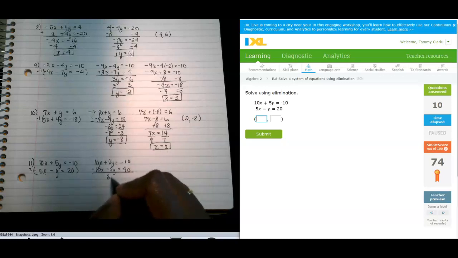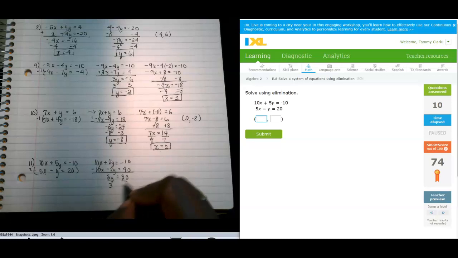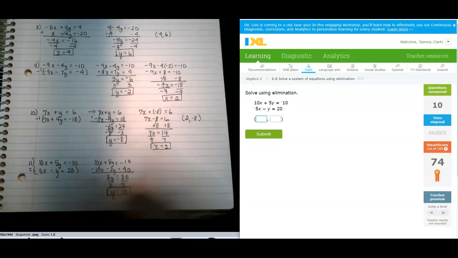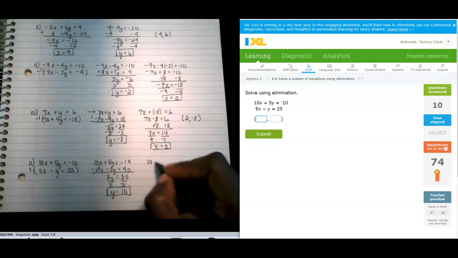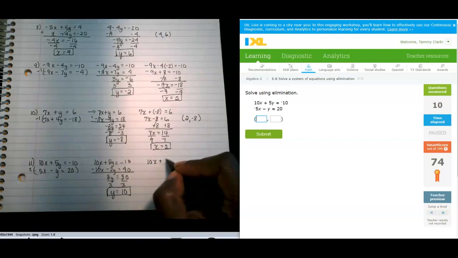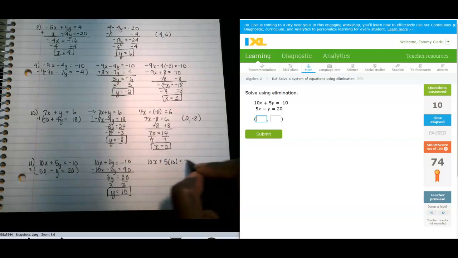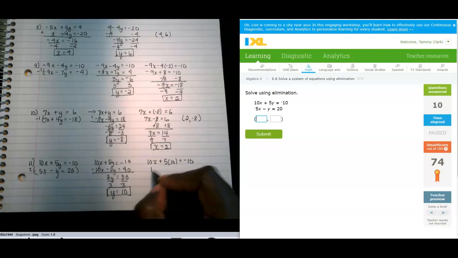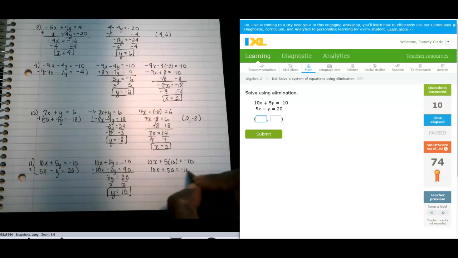That leaves me 3y is equal to positive 30. Divide by 3 on both sides of the equation. And that gives me y is equal to 10. Take either equation and substitute the y value. So I'm taking the first one. I've got 10x plus 50 is equal to negative 10.